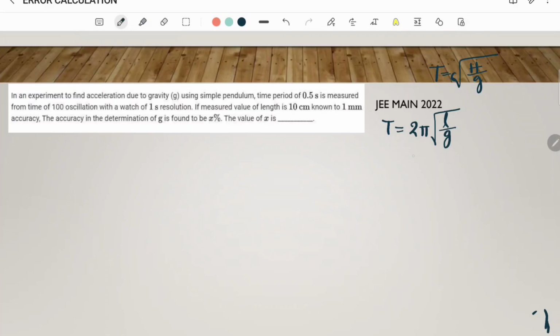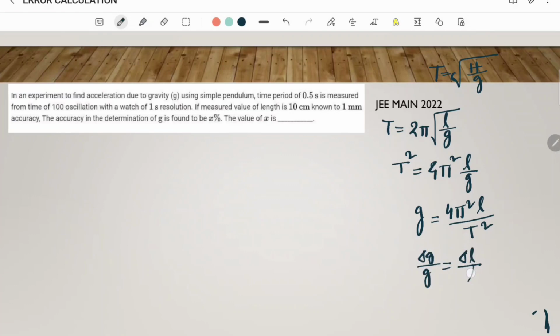So if we take square of both the sides, that gives us g is equal to 4 pi square L by t square. So the error in g is the error in L plus 2 into the error in t.